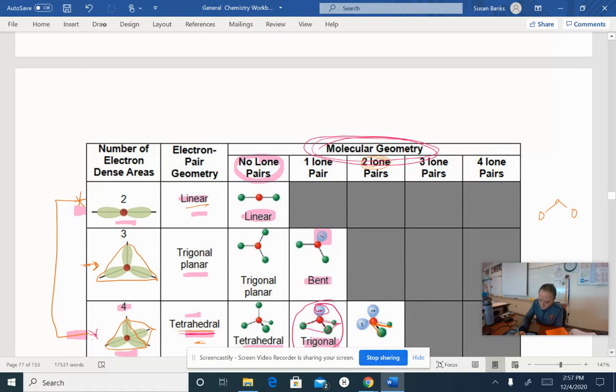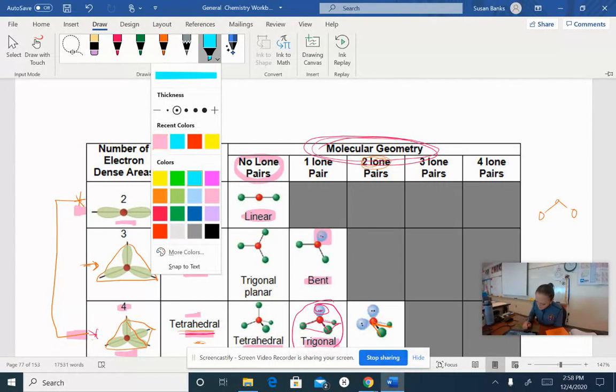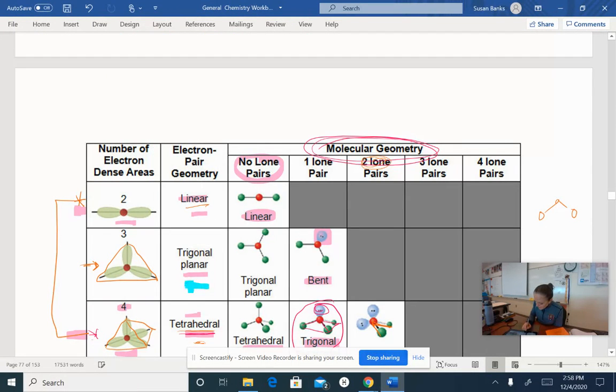Okay, I have 3 areas, and they are all bonding. So my molecular and electron geometry are both going to be trigonal planar. Okay, how'd you do on that one?